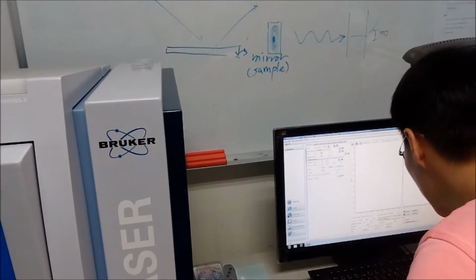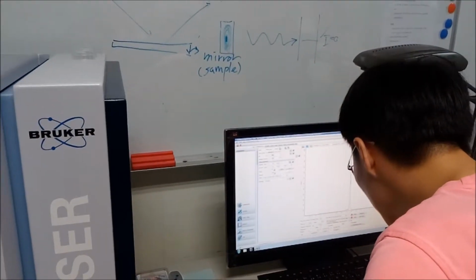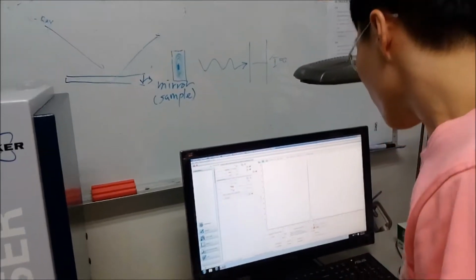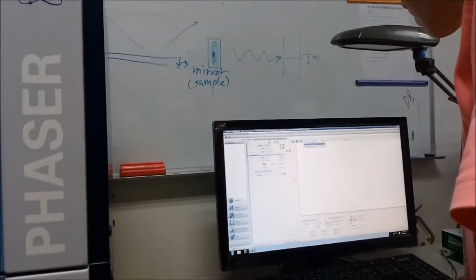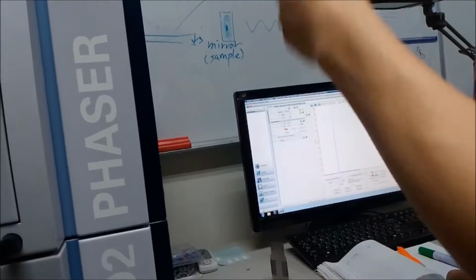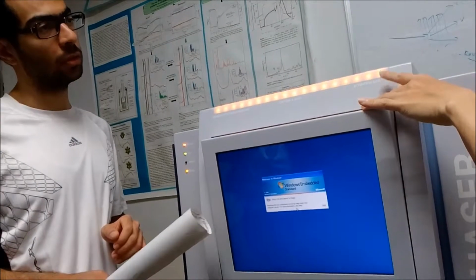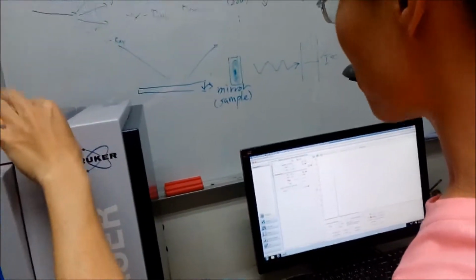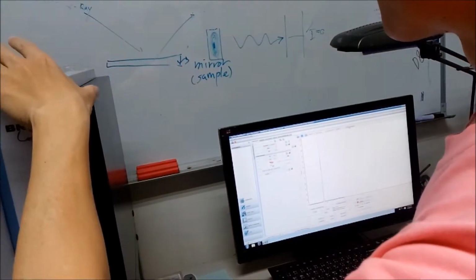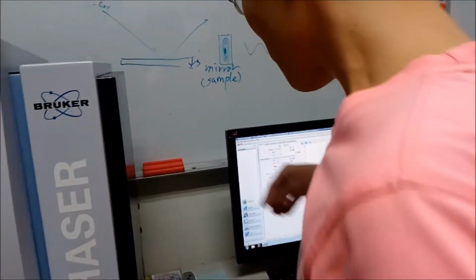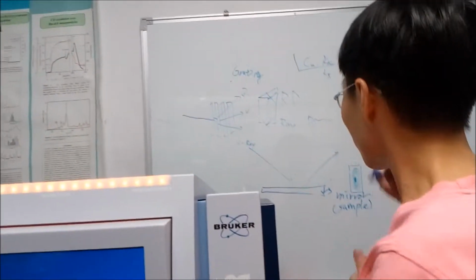I started at 25 degrees. What is the crystallographic structure of silicon dioxide? Yes, hexagonal base. It's hard to answer because silicon dioxide is like this.